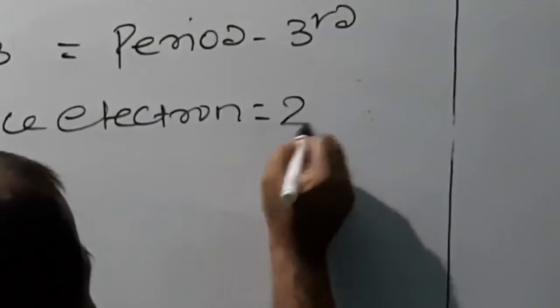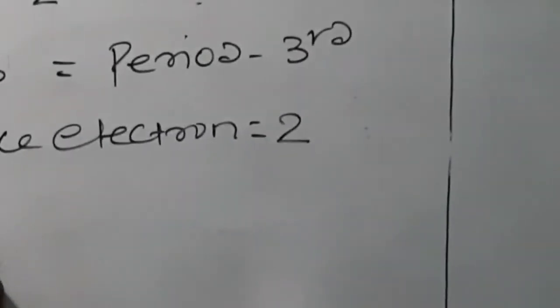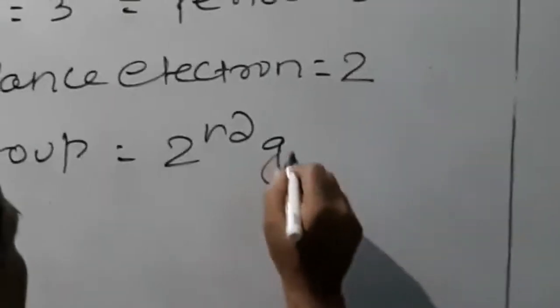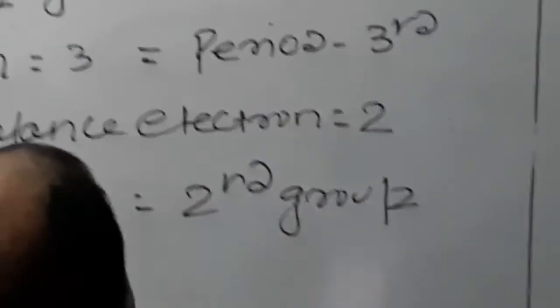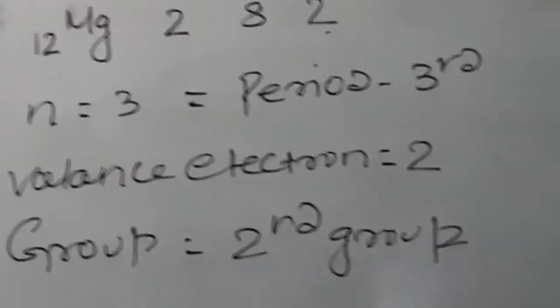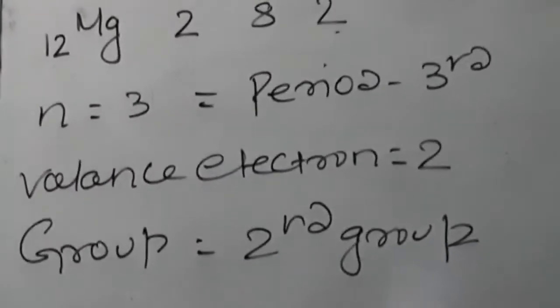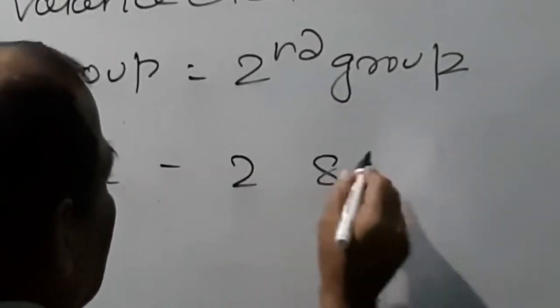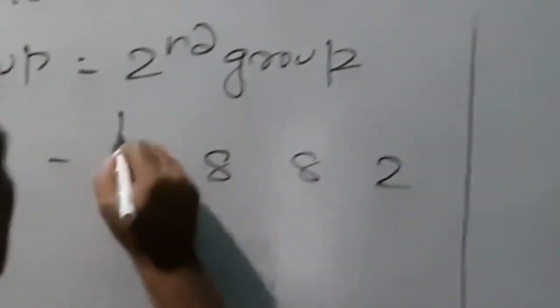Valence electron is 2, so group equals second group. So magnesium belongs to the third period, second group.